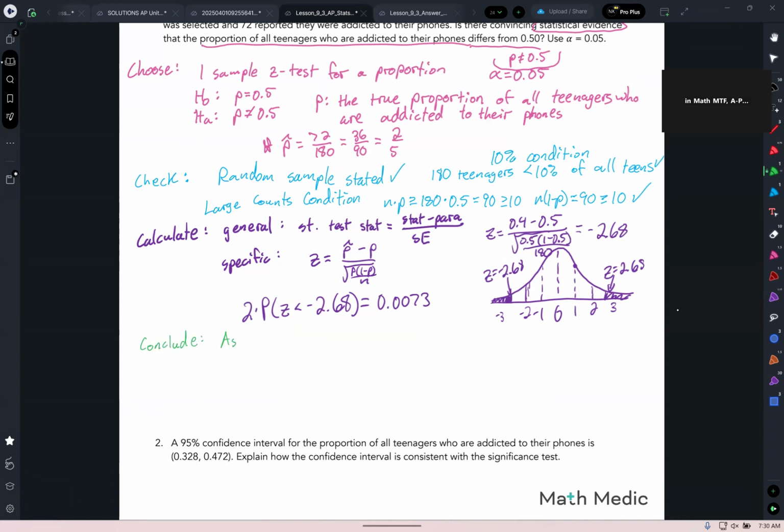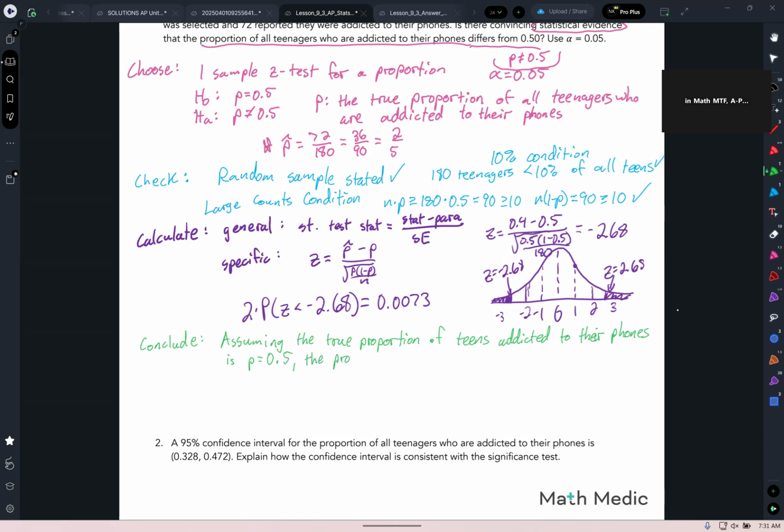So assuming the true proportion of teens addicted to their phones is p equals 0.5. Notice I've already got context, so I'm good. I don't have to readdress context every time.